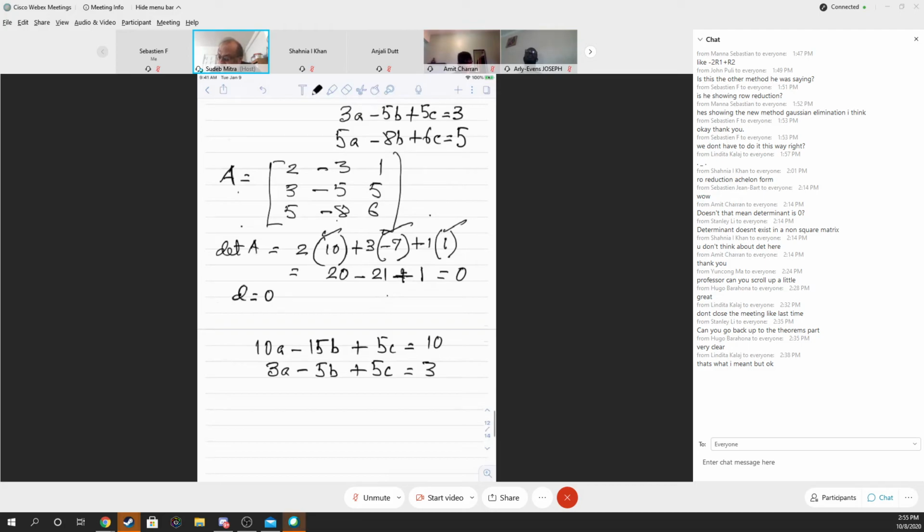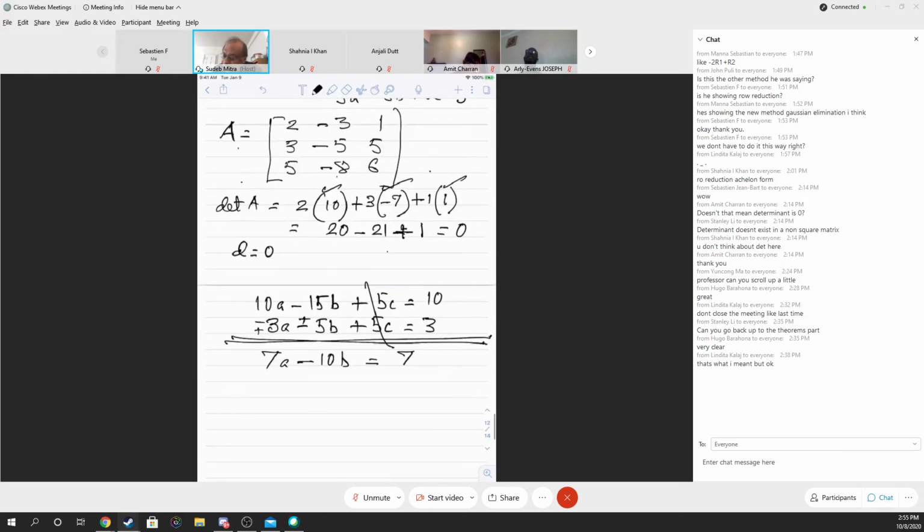Okay, subtract. 7a minus 10b is 7. So 7a is equal to 10b plus 7. So a is equal to 10 upon 7, b plus 1.